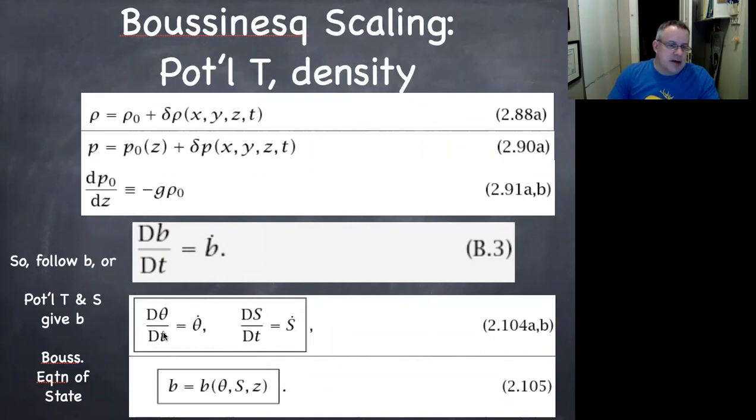Well, they come from the conservation of potential temperature and the conservation of salinity. Put those together with a linear equation of state, or even a nonlinear equation of state that relates buoyancy to potential temperature, salinity, and depth or pressure, and we get an equation that looks like this. So instead of the thermal equation and the salt equation being separate, we could think of it as a buoyancy equation, or we could keep these two separate and then find the buoyancy using the equation of state to give us the buoyancy that needs to go in our momentum equation.